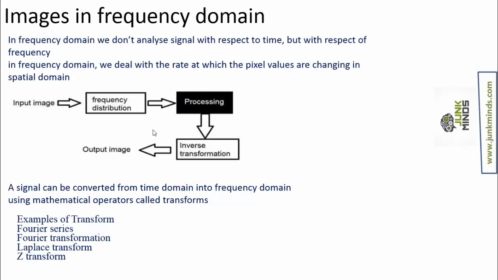So now these signals are converted from time domain to frequency domain using mathematical operators, and inverse transformation is to convert back to time domain. So they are done using mathematical operators called transforms, which we did in the third or fourth semester in mathematics. The examples of these transforms are Fourier transform, Laplace transform, and Z transform, to name a few.